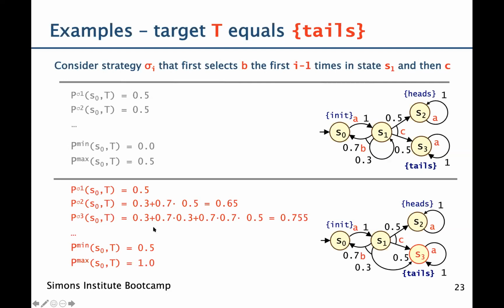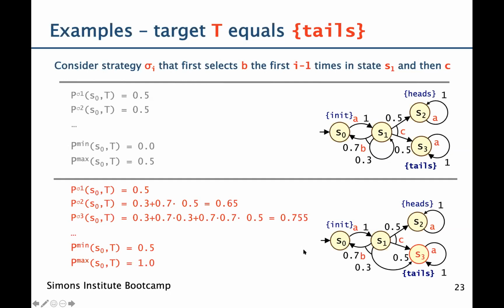For sigma 3, we either have the 0.3 or we go back, and then the second time we again choose B. So we then have 0.7 times 0.3, or we go back to S0, and then the third time we choose C. So we have 0.7 times 0.7 times 0.5 in the third case.